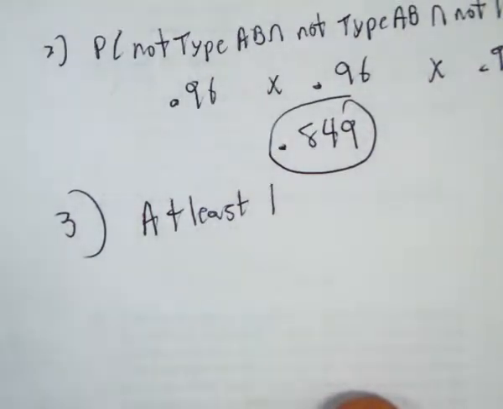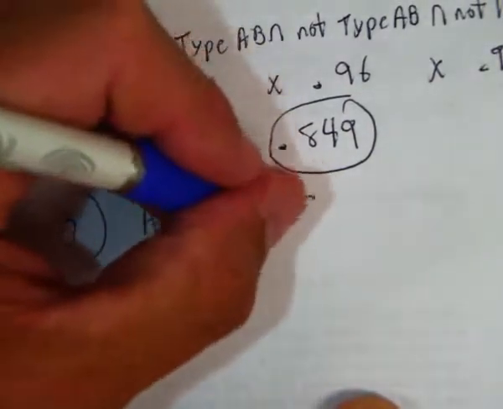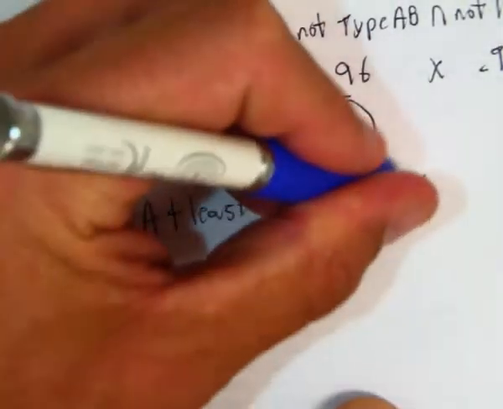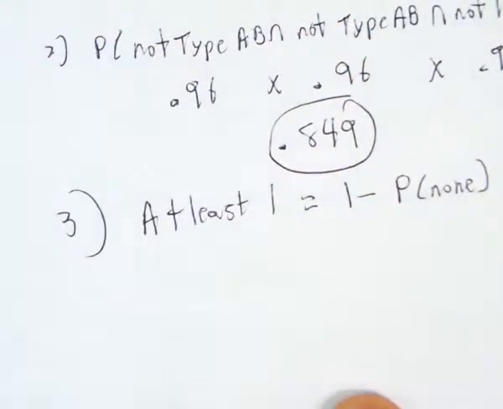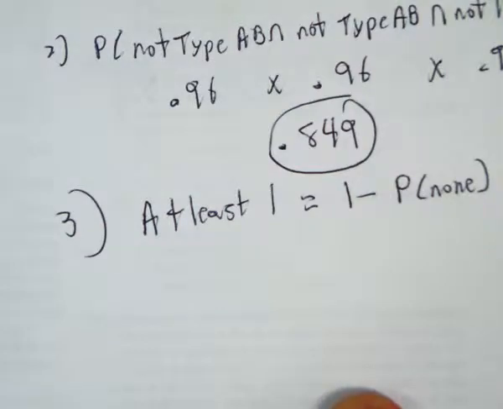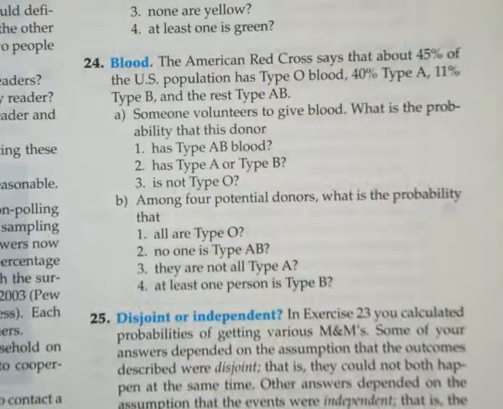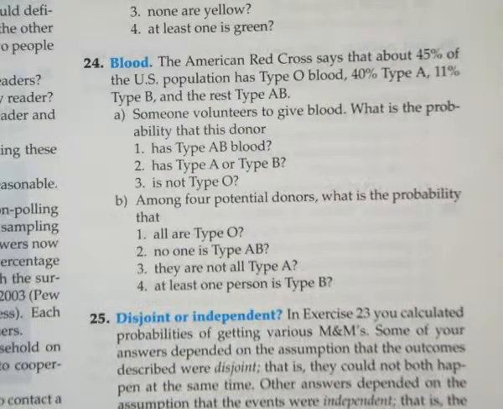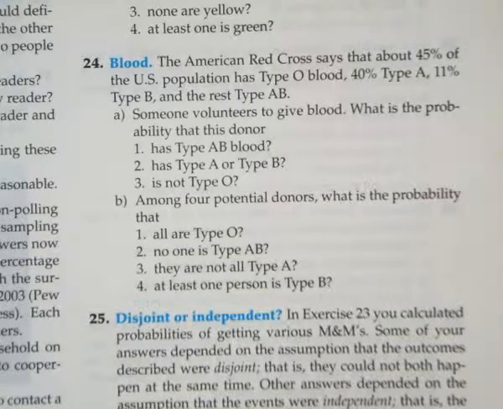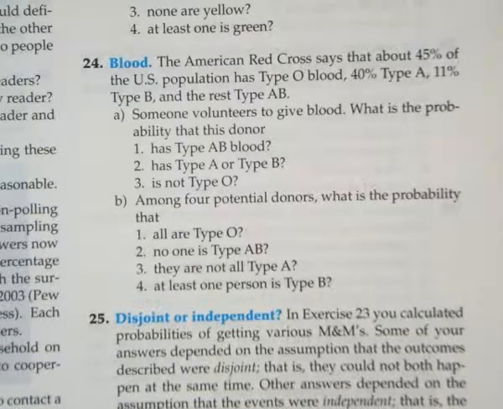At least one is 1 minus the probability of none. When they say they are not all type A, that means at least one is not type A. So we're going to do 1 minus the probability that they're all type A.